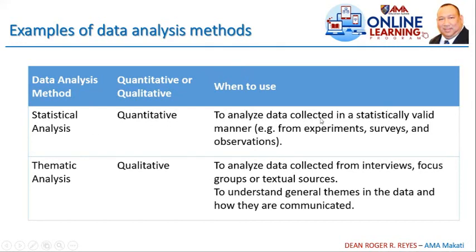To analyze data collected in a statistically valid manner from experiments, surveys, and observations. Thematic analysis, on the other hand, is used to analyze data collected from interviews, focus groups, or textual sources to understand general themes in the data and how they are communicated.